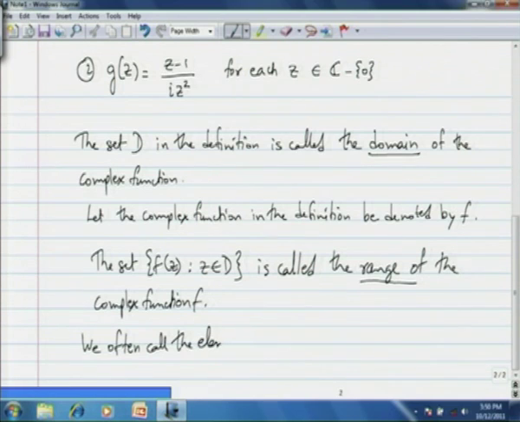And we often call the elements of D points.